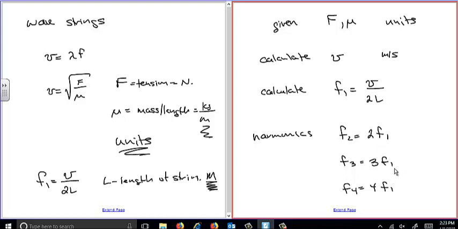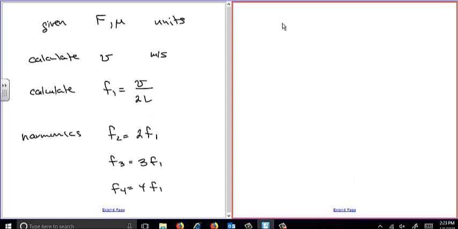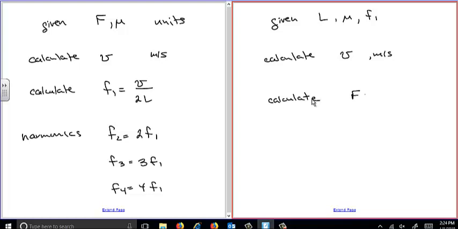So theoretically, the other option is I could give you L and the mass per unit length and the fundamental frequency, and then, given that, you could calculate the speed, meters per second, and then from that you could calculate F. Well, I said V was equal to the square root of F over mu.